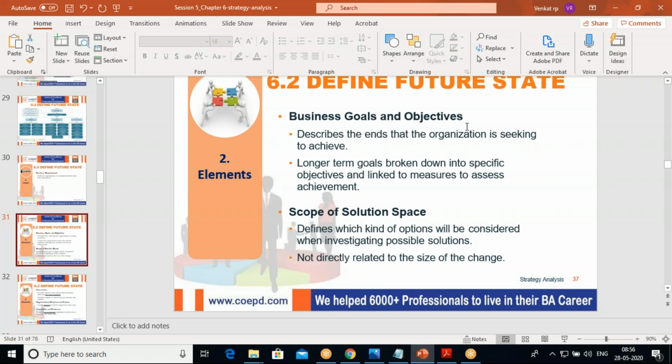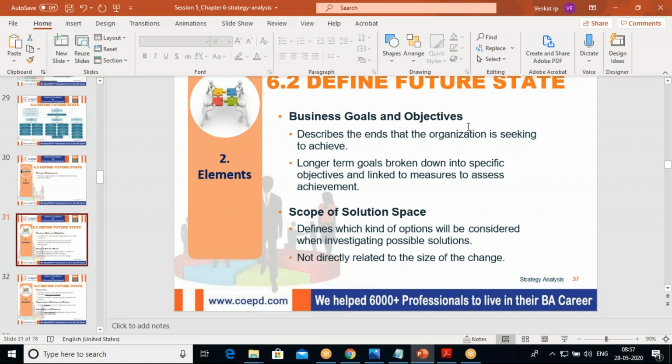That means what is our long-term goal and what are the short-term goals, and how these short-term goals will make us reach the long-term goals. We have to understand the goals and objectives, and first of all we need to understand the business goals and objectives before we could start anything on the future state. We need to clearly understand it.